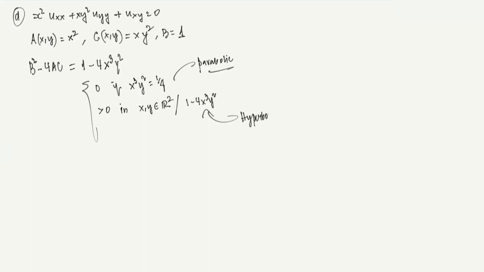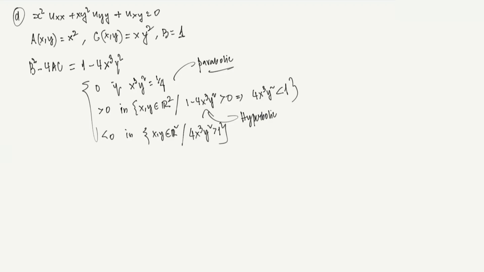This has to be positive, so when it is positive, you want 4x cubed y squared to be less than 1 in that region. And it is negative for the region of xy in R2 such that 4x cubed y squared is greater than 1, whatever that region is.